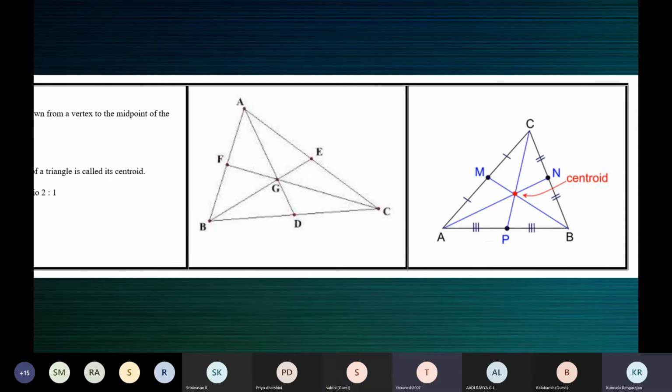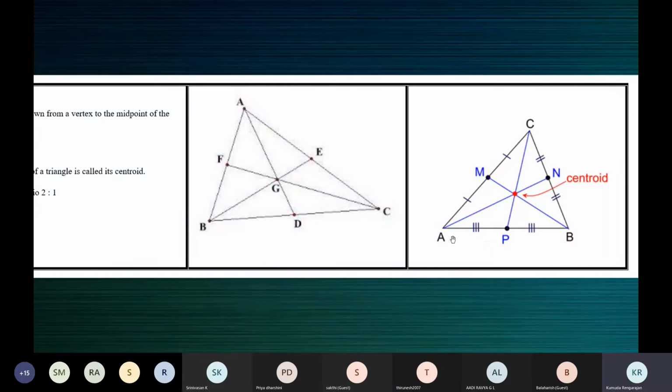Yeah, by midpoint formula. What's the midpoint formula? X1 plus X2 by 2, ma'am. X1 plus X2 by 2, and then the Y coordinate? Y1 plus Y2 by 2.